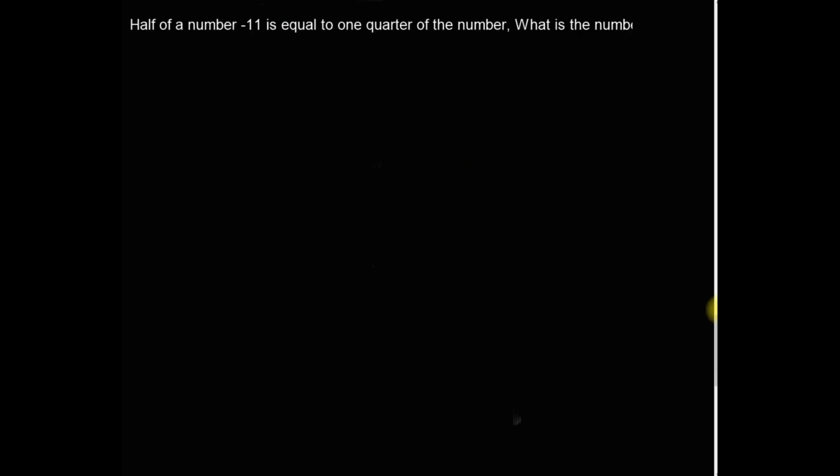Now, last question, we have half a number minus 11 is equal to 1/4 of the number. Again, I'll choose my number to be n. Then I say half the number minus 11 is equal to 1/4 of that number.